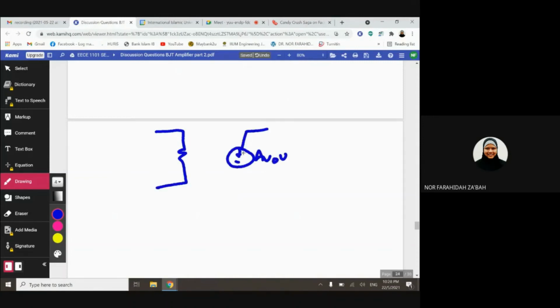Okay. So now you want to find the voltage gain. AVOC VI is my R naught. But because there is no RL, it will be easier lah.